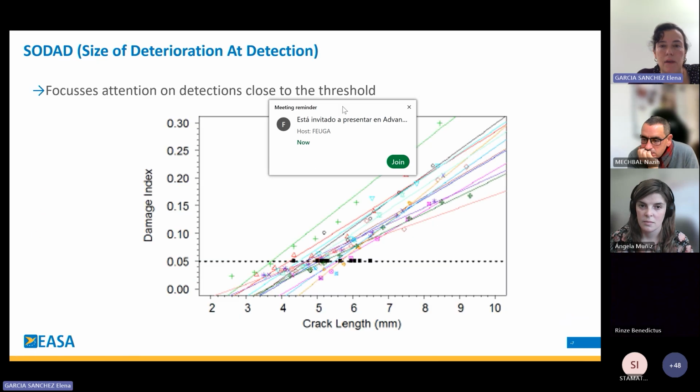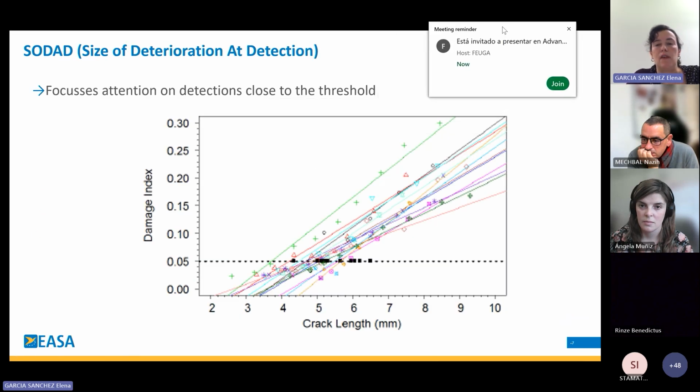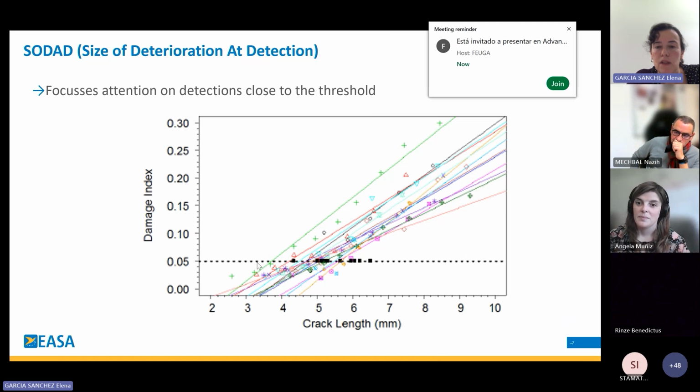Then another method, different from 29 of 29, is the size of deterioration at detection. Here, each of these clouds of points, green, blue, is one crack that is growing, and you have several measurements. When it crosses the threshold of detectability, which is the damage index, you mark these black points.